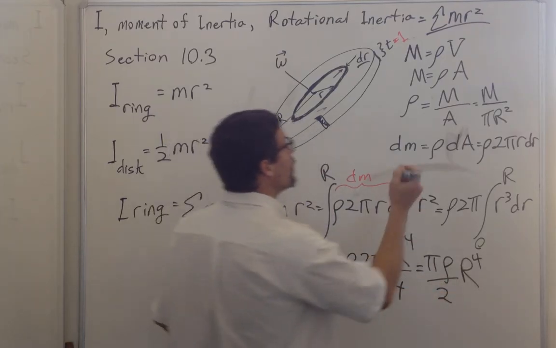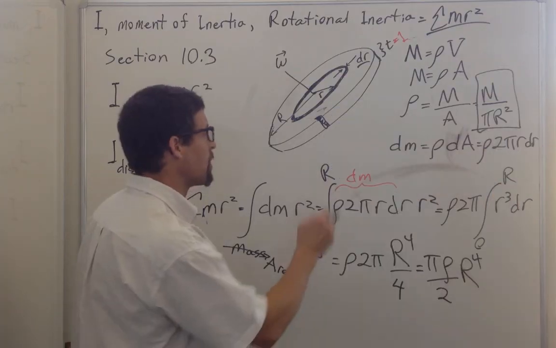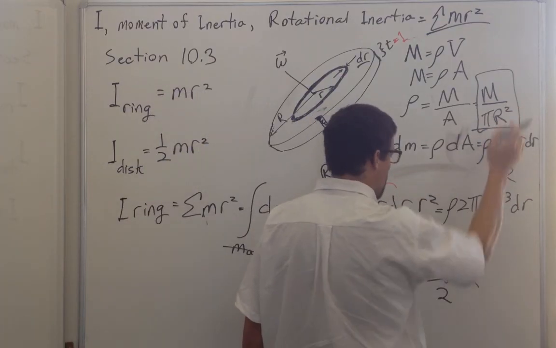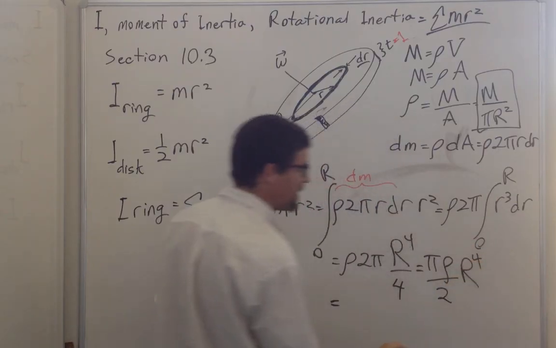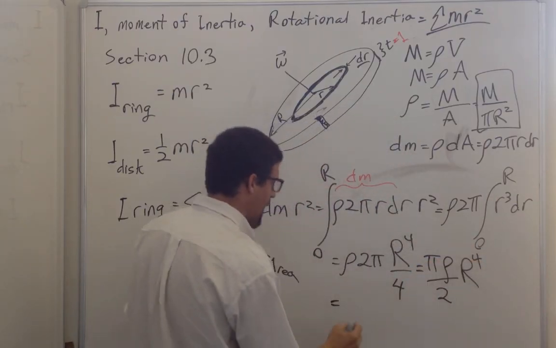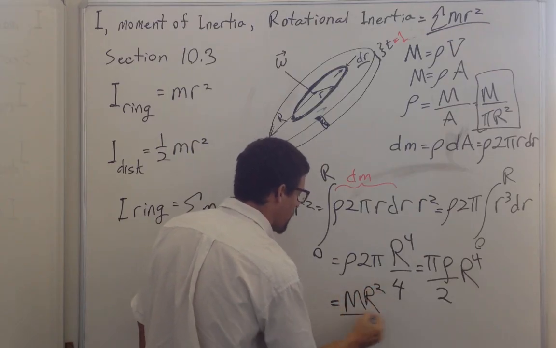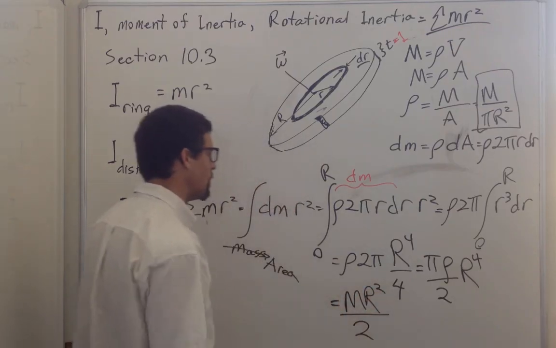But what's rho? We already have rho is equal to the mass divided by pi R squared. The pi's cancel, the radius squared cancels with 2 of the radii in the numerator here, and we end up with mr squared divided by 2.